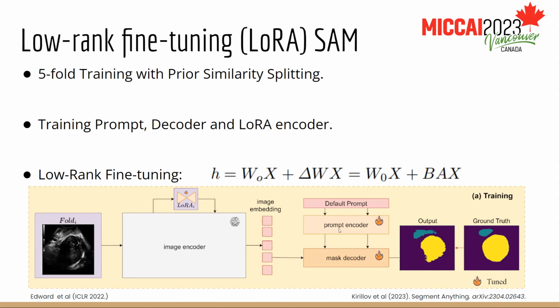In fact, we tried a lot of ways with LoRA, like we tried GLoRA, we tried FACT, we tried a lot of adapters, and we found that LoRA was actually performing the best. So we used it in our task. But for this part, we just trained the full prompt encoder and the full prompt in a normal manner, similar to, yeah, I will share with you the GitHub later for SAM with LoRA.